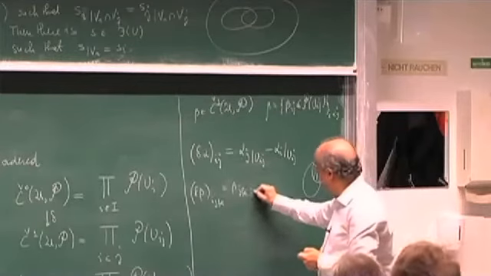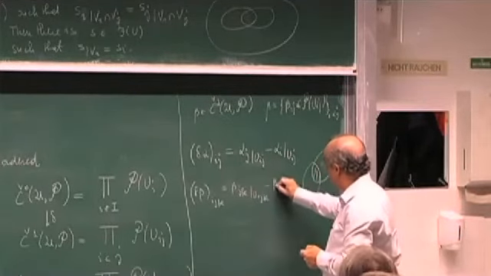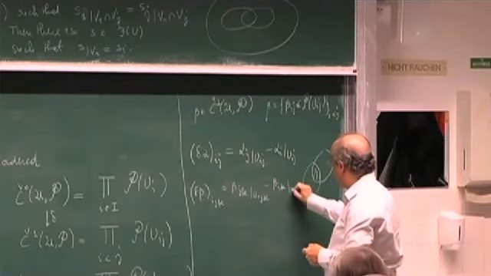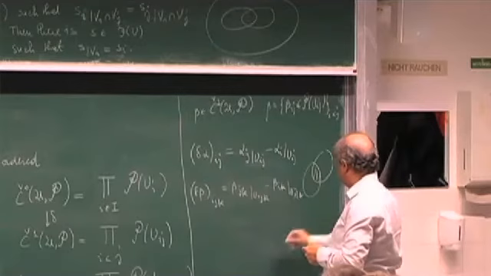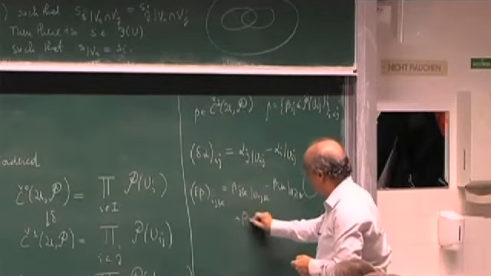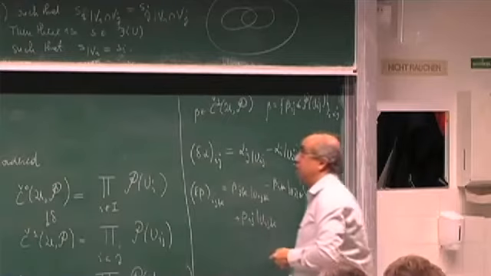So this will be beta_jk restricted to the triple intersection minus beta_ik restricted to the triple intersection plus beta_ij restricted to the triple intersection.